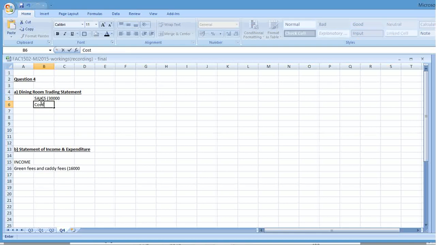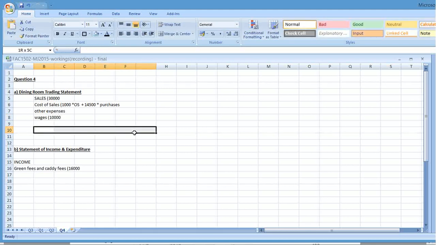Okay, then we'd have a cost of sales calculation. Cost of sales would have been opening stock. Opening stock was 1,000, plus your purchases of 14,500. Okay, and then we still need the other, so returns and closing stock. Then we've got other expenses, which we read just now, which was the wages, and the wages was an amount of 10,000.